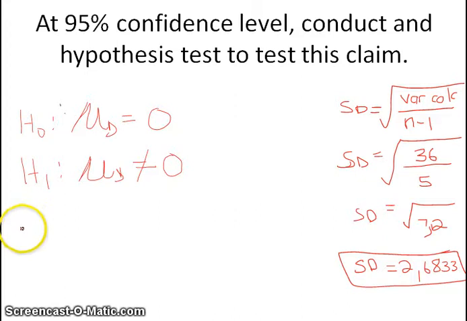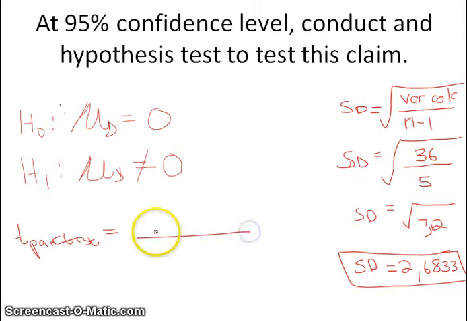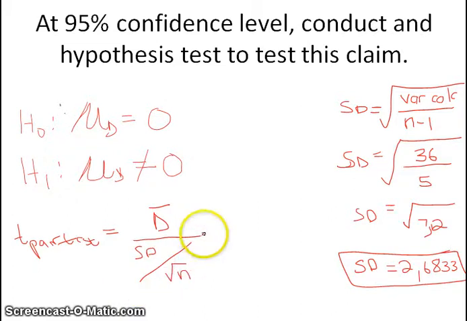My test statistic for the t test. Oh, my handwriting is leaving much to be desired, but I think that you guys can follow what I'm writing. Is the mean difference, and that I calculated is minus 1. In fact, let me just erase this line and make it a bit shorter so that I can fit it all in on the same page. Over SD divided by the square root of n.